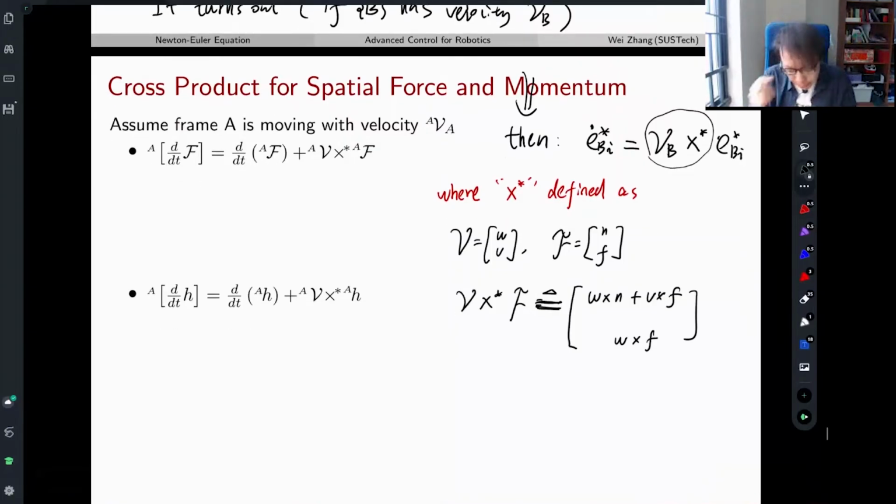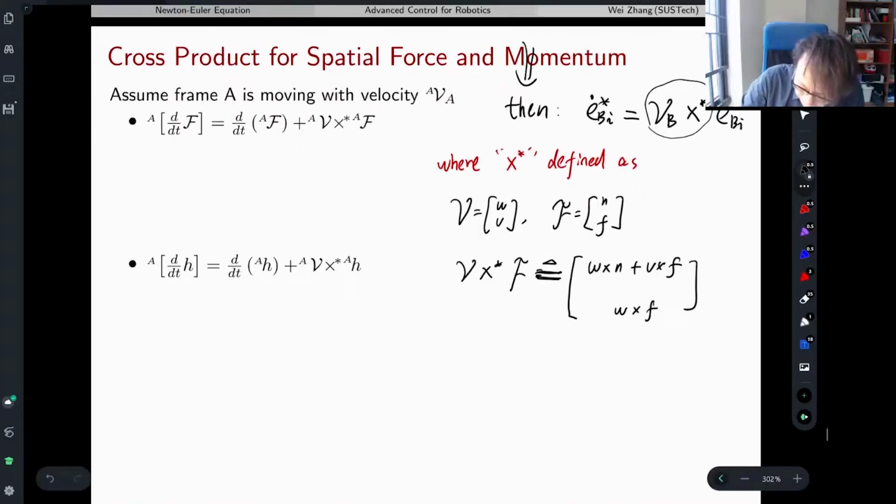Everything here is coordinate free. You can derive it using some coordinates to find this formula, or you can even just think about physics to find this formula. You can think about this as a linear function of the force, a linear mapping of the spatial force, so it has a matrix representation.